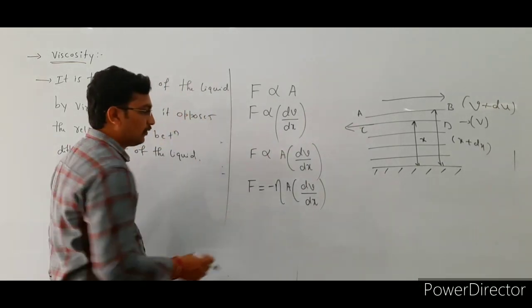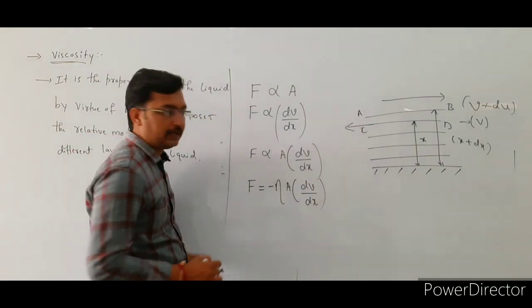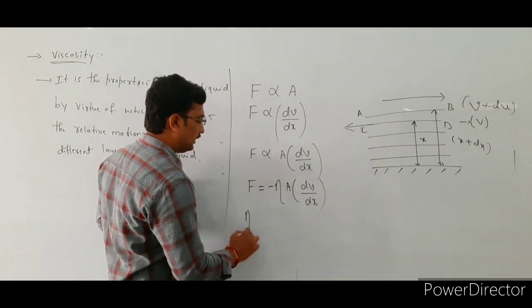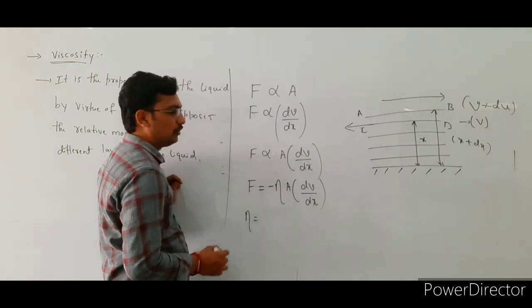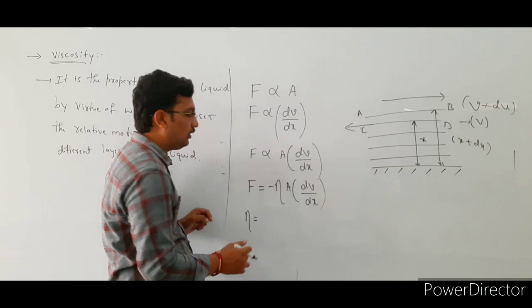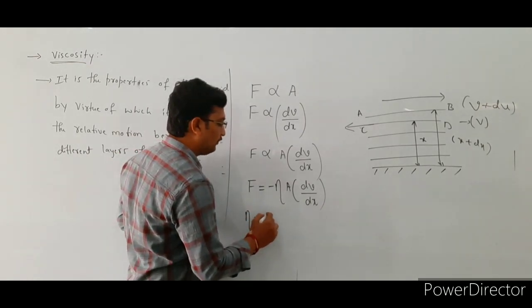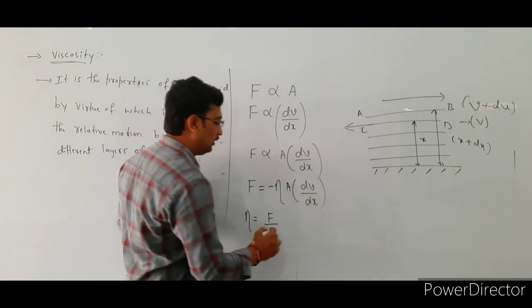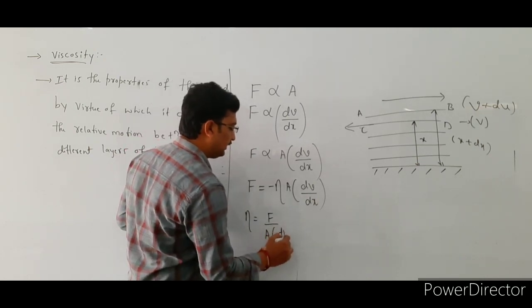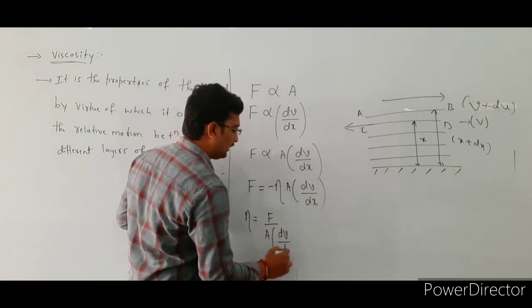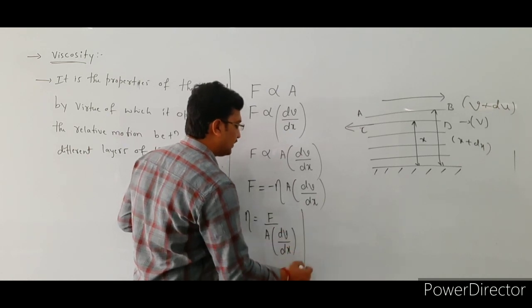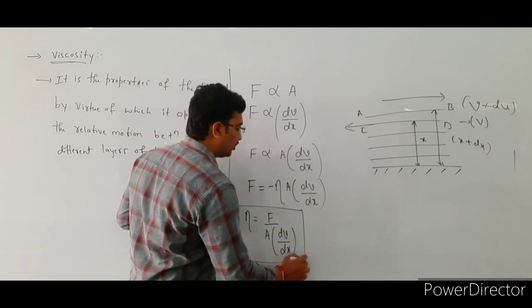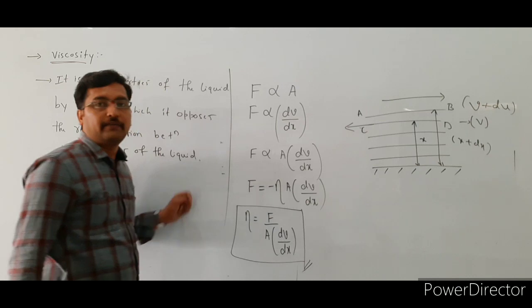Next, from this relation we want the eta value. We consider the magnitude, so eta is equal to F divided by area into dV by dx. This expression is used to find the coefficient of viscosity.